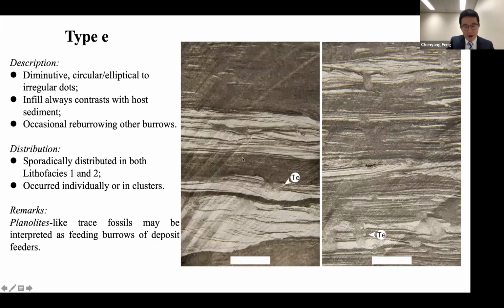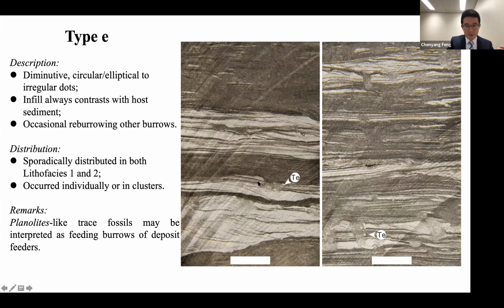The type E is characterized by diminutive, circular, elliptical to irregular dots. And there is big contrast between the infillings and the host sediments. In both photos, as we can see, the type E reburrows other trace fossils.